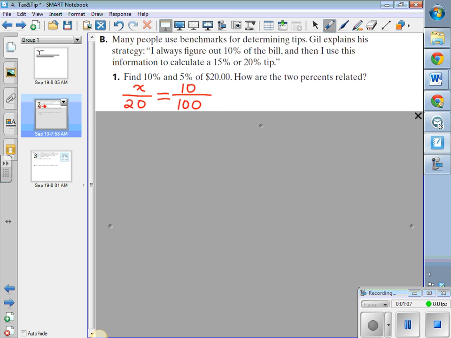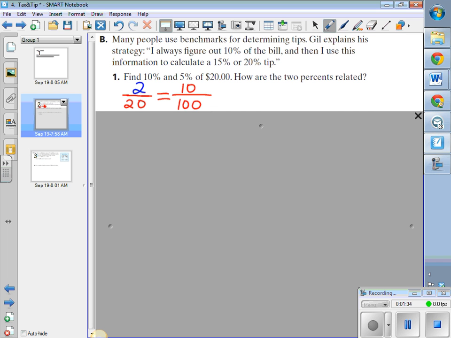We're going to cross multiply and divide: 20 times 10 divided by 100, which gives us 2. So we know that 10% of 20 is $2.